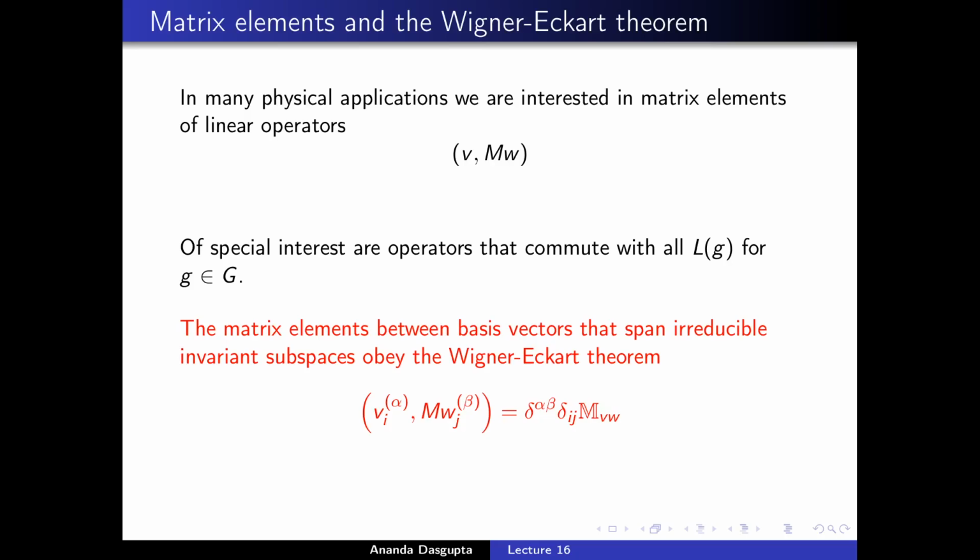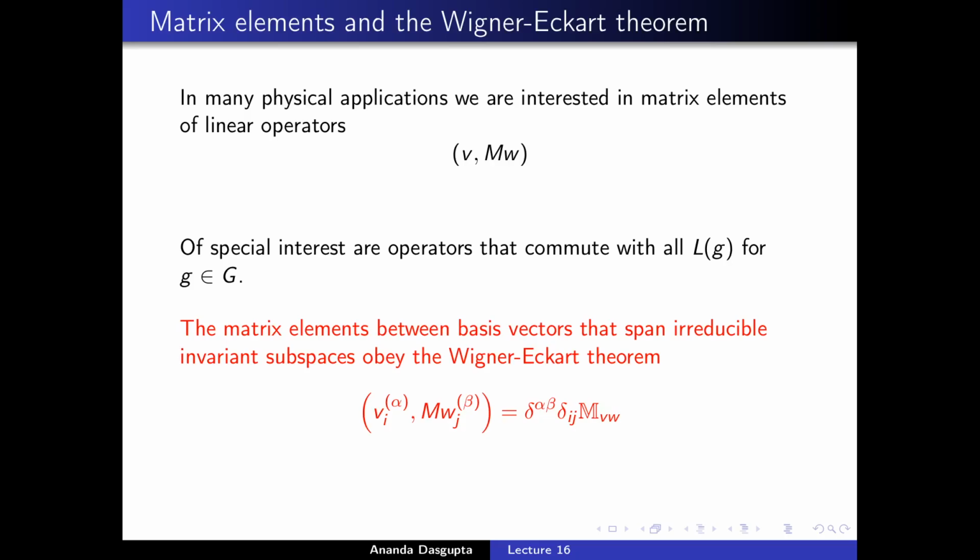You may have multiple copies of the same representation which go into the direct sum which forms your vector space. If that happens, even then, you must ensure that both the vectors transform in exactly the same way, that is, like the ith basis vector in both cases. Only then will you get a non-zero value, otherwise the delta ij on the right hand side of this expression will make the thing vanish.